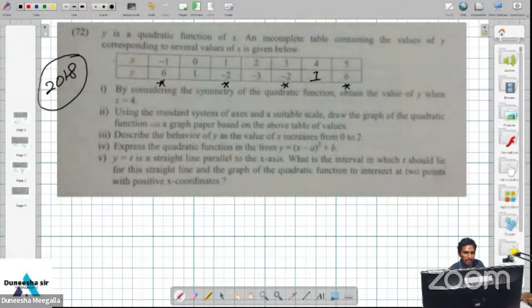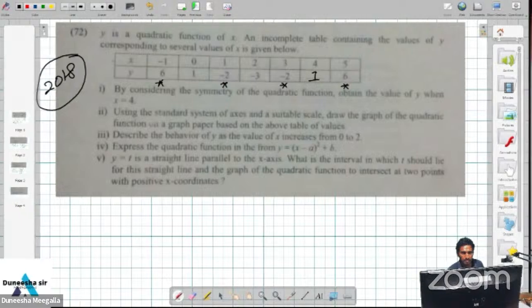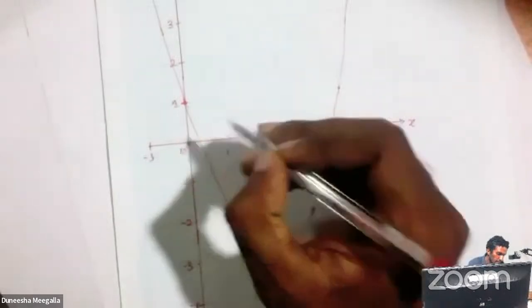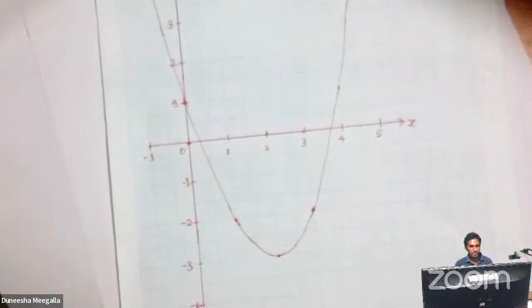When x is increasing from 0 to 2, the behavior of y. Okay, I'm going to the graph now, when x is 0 to 2.